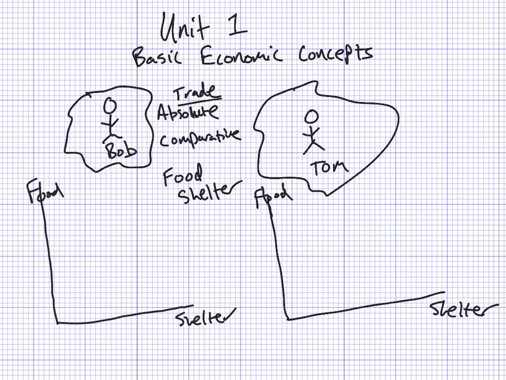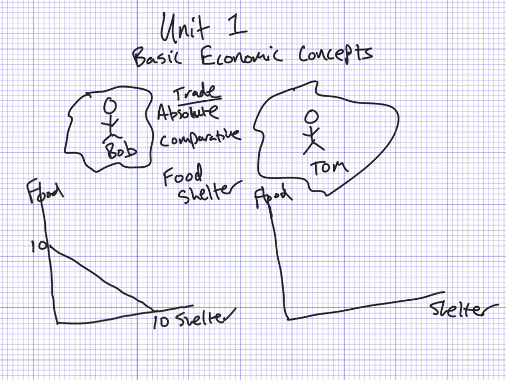Okay, so let's say Bob, smaller island, he's not as good at producing stuff, but let's say for food, he can produce 10 units of output for food, and he could produce 10 units of output for shelter. And this is going to be his production possibilities frontier, just like that, 10 and 10.